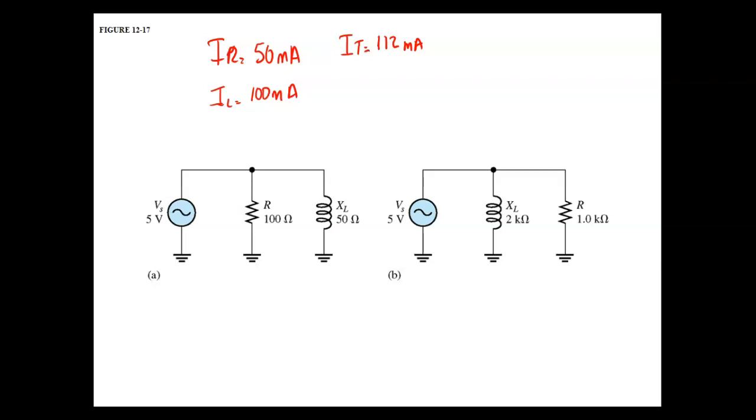Oh, back here. The sum of these current flows is more than our applied current. I think that's neat. Now that we've got IT, we can find Z. Now we can use Ohm's law, right? Yeah, 45. So Z equals 45 ohms.